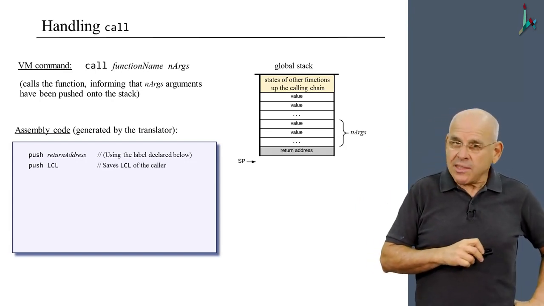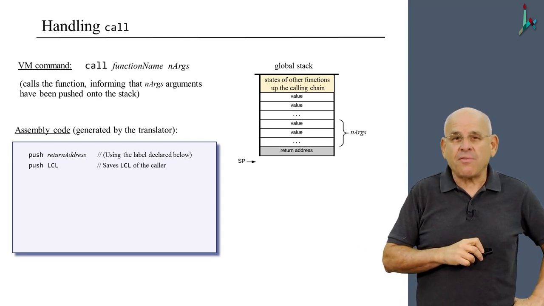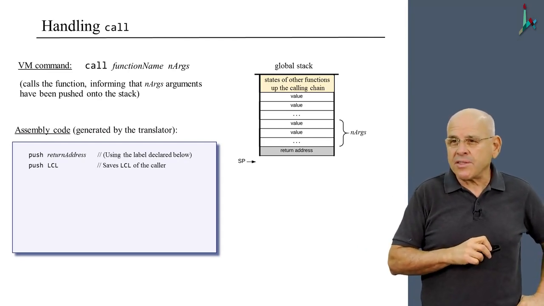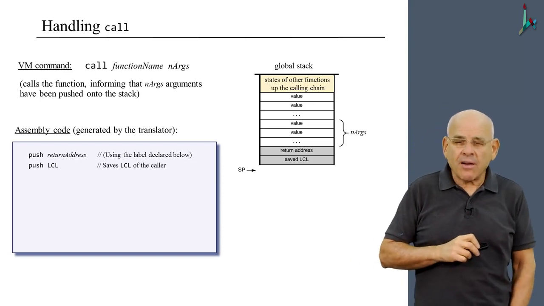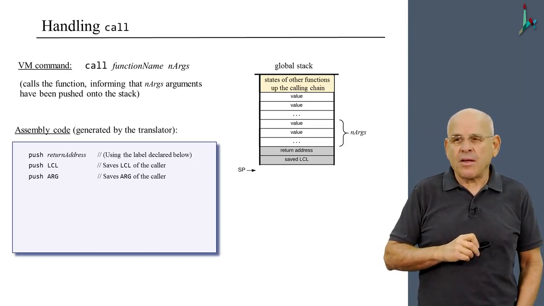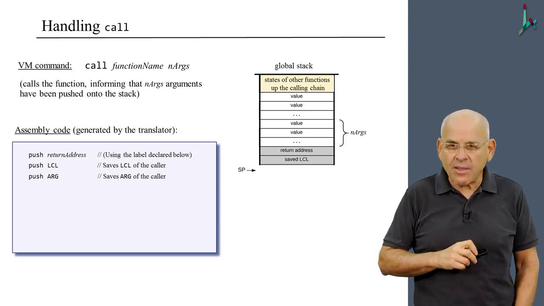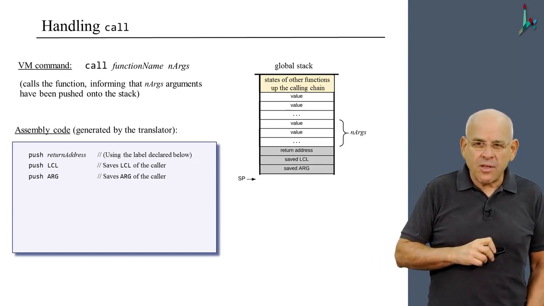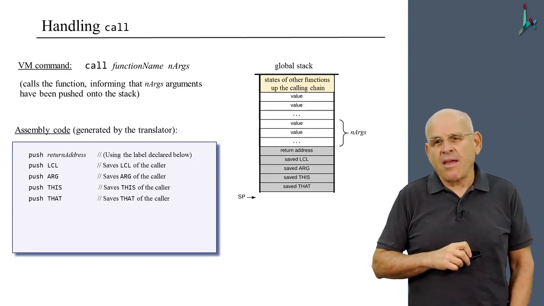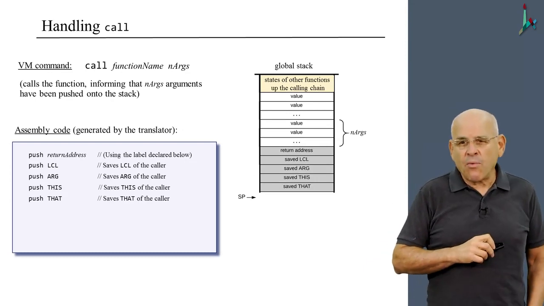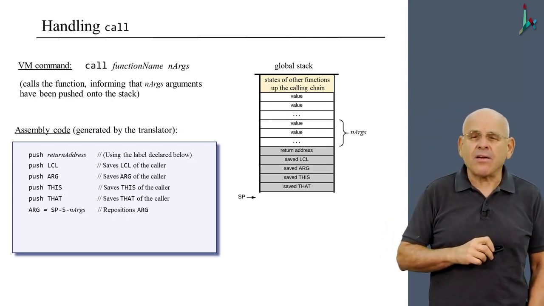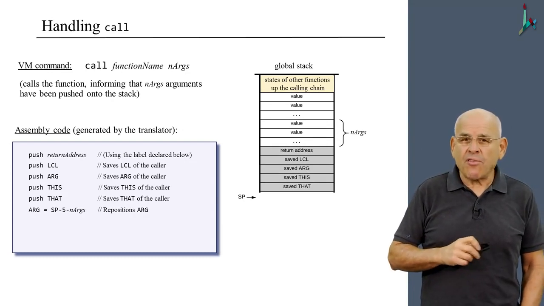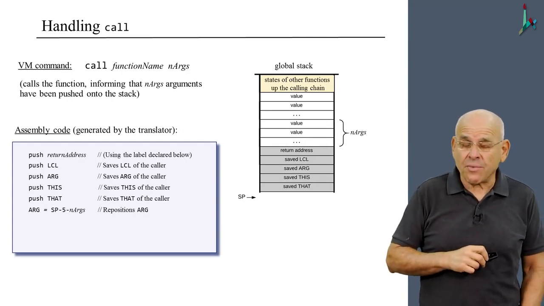Then I push LCL to save the state of my local segment. I push ARG, saving the state of my argument segment. I push THIS, I push THAT, and then I reposition ARG. Now let's think about it. ARG should be repositioned for the called function.